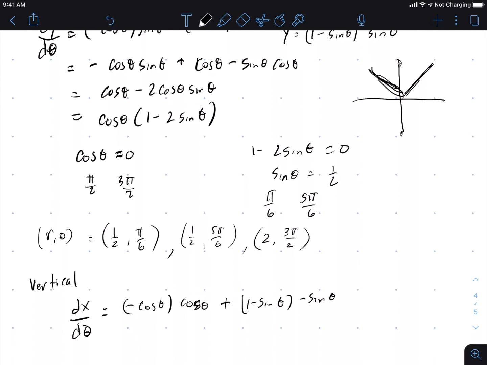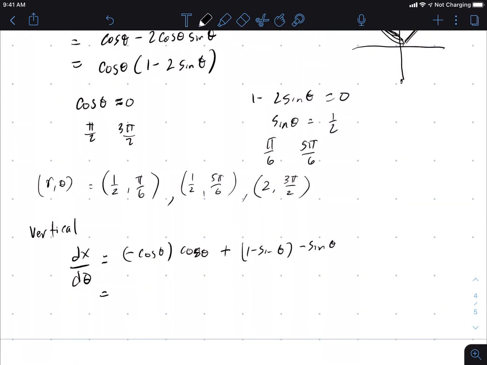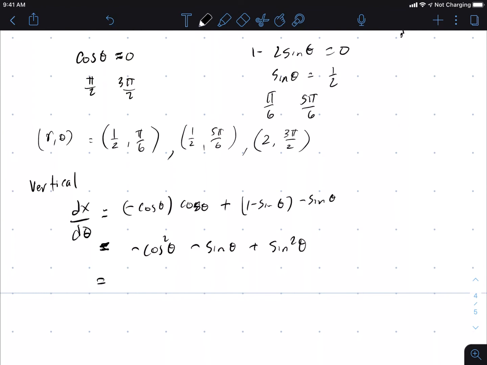Agreed. Okay, so let's clean this up. I'm going to get a negative cosine squared theta minus sine theta plus sine squared theta. Well, that doesn't look very helpful, does it? So let's manipulate it. I'm going to go negative 1 minus sine squared theta minus sine theta plus sine squared theta.